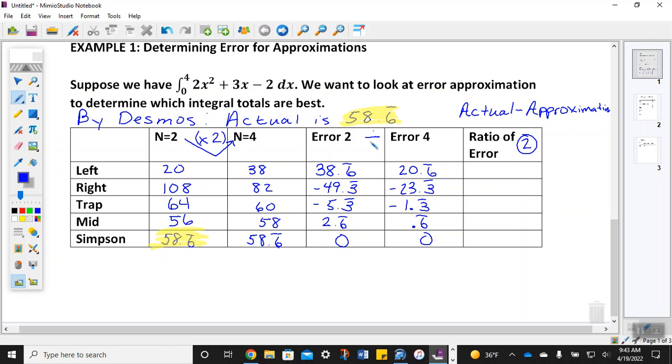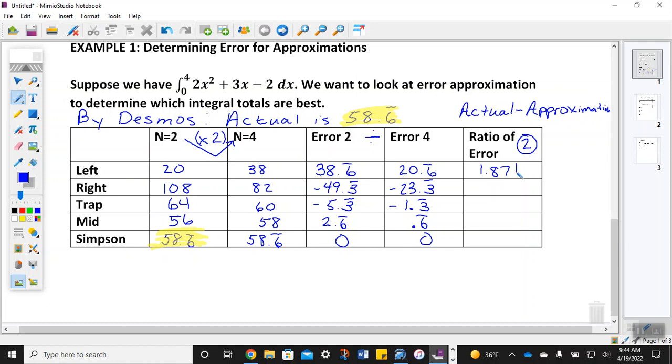Somebody take that 38.6 repeating, put like 5 or 6 sixes in there, and divide it by 20.6 repeating, for error 2 divided by error 4 for left-hand values. 1.87096. Okay, so let's just go about 3 places. So about 1.871.